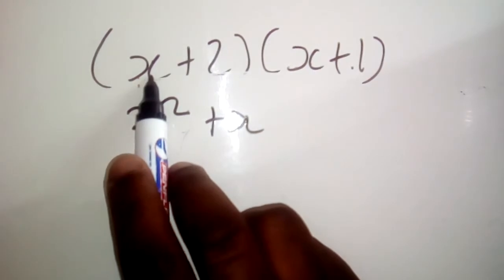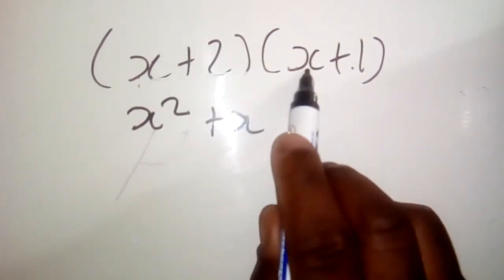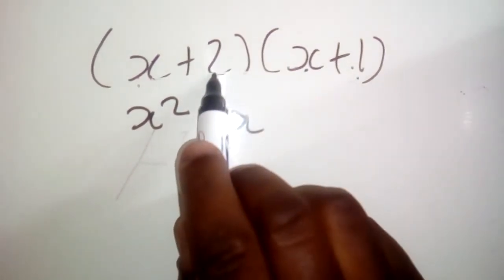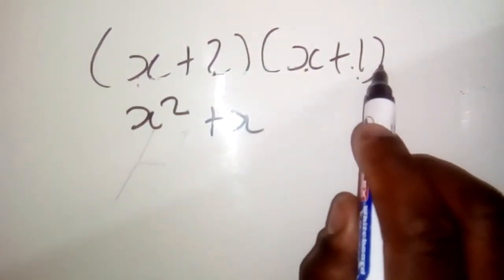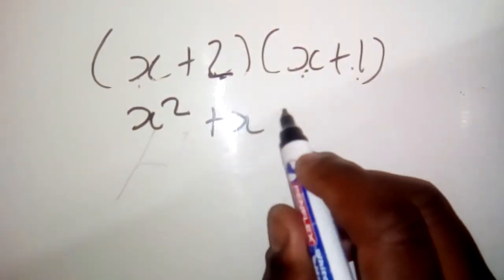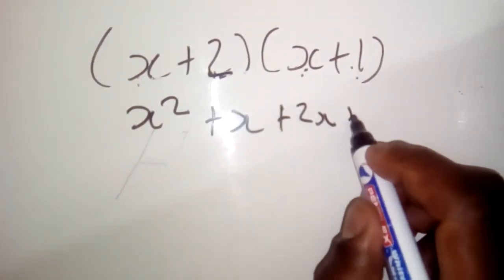So notice I'm taking this x and multiplying by everything in that bracket. First I multiplied by x, then I multiplied by 1. When I'm done, I now take this one and also multiply by whatever's in the next bracket. So 2 times x, which is 2x, and then 2 times 1, which is 2.